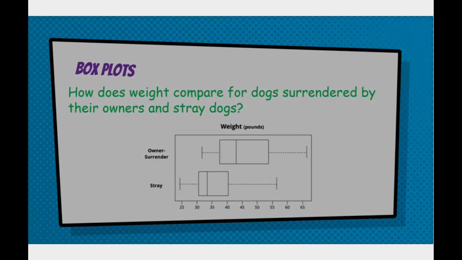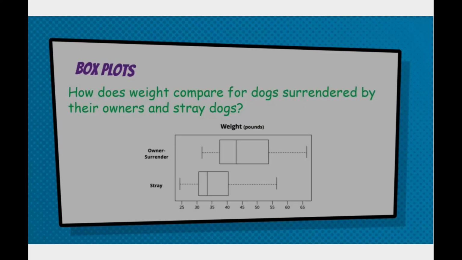And then how does the weight compare for dogs surrendered by their owners and stray dogs? Well, it looks like the strays are substantially less. I mean, our IQR is between like 31 and 41. So half of our dogs that came in as strays were 10 to 15 pounds less on average, right?